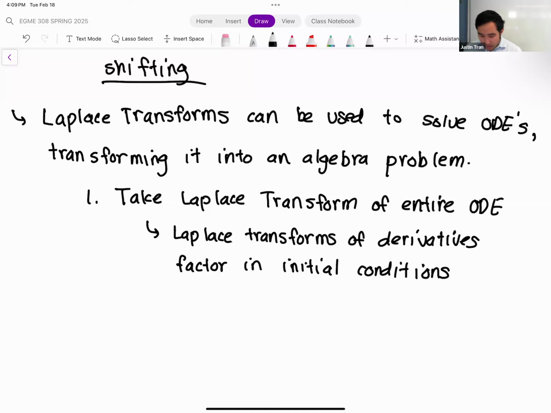After you take the Laplace transform of the entire ordinary differential equation, you're going to have an algebraic expression. So step two in this process is to solve for the solution using algebra within the Laplace domain.